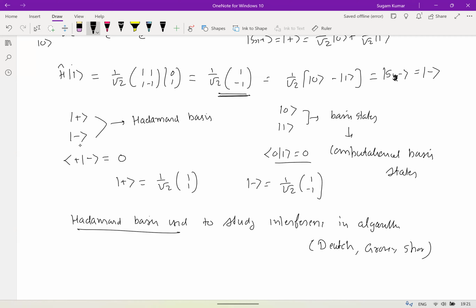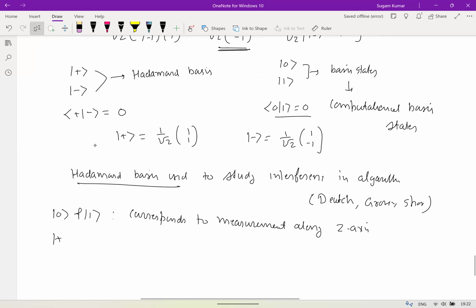So in fact, I can say it this way also. If I say that this 0 and 1 are the computational basis, and this computational basis actually corresponds to measurement along the z-axis.